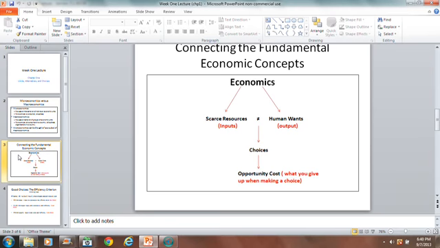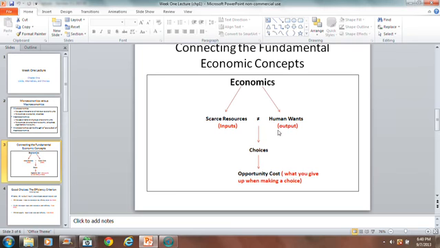Economics can be defined as the study of how a society allocates scarce resources amongst unlimited wants. It looks at how resources, which are by definition limited, are used to satisfy wants, which are basically unlimited. Human wants refer to the wants for goods and services.